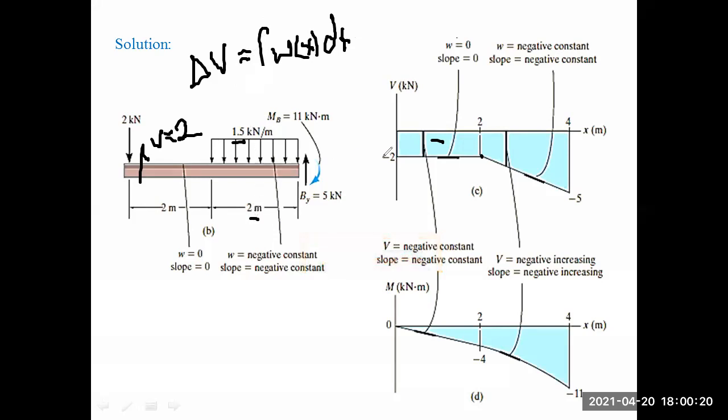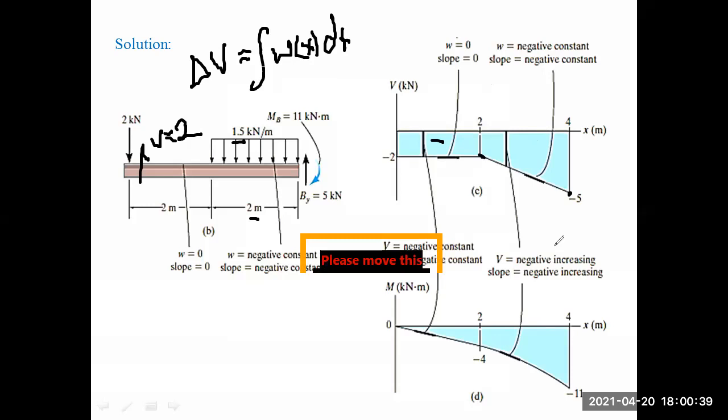It is 3. So 3 added to 2 would be 5. So I know the values without having any equations. Okay?